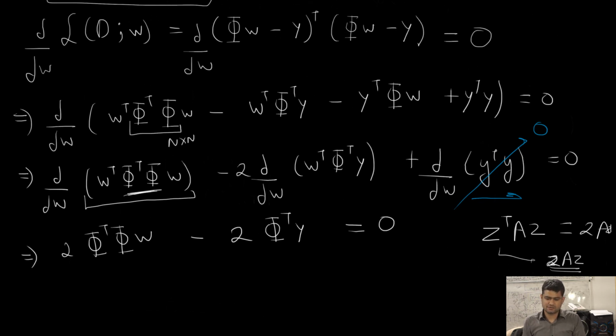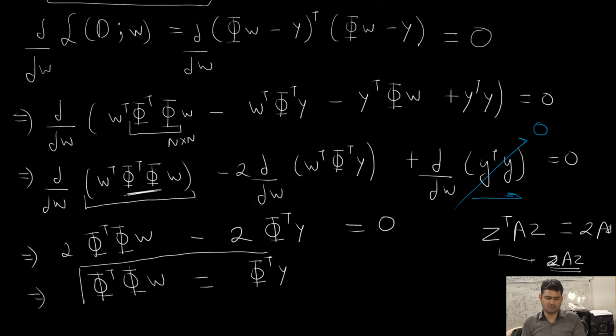So by setting this derivative to 0, we get effectively phi transpose times phi times W is phi transpose times Y. So we arrived at the same equation at which we arrived earlier, and again by inverting phi transpose phi, we get a solution.